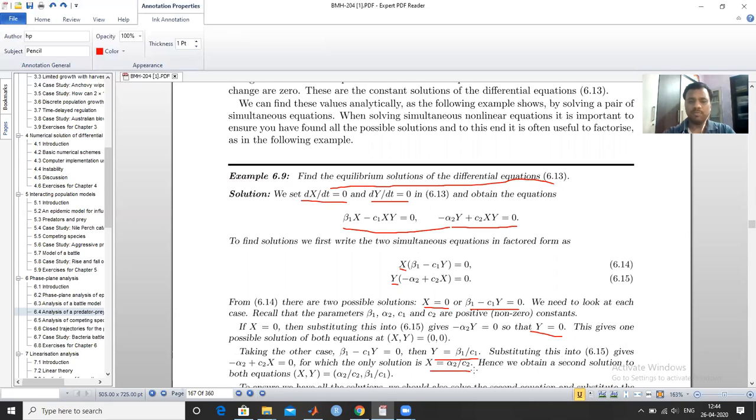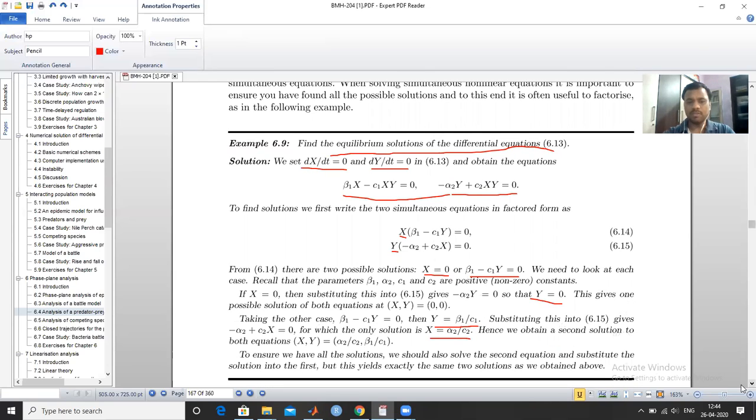So now there will be two equilibrium points for this system. Which are the two equilibrium points? One is (0, 0), as we have seen: when x is 0, then y is 0. And the second one is when x is alpha 2 by c2 and y is beta 1 by c1.